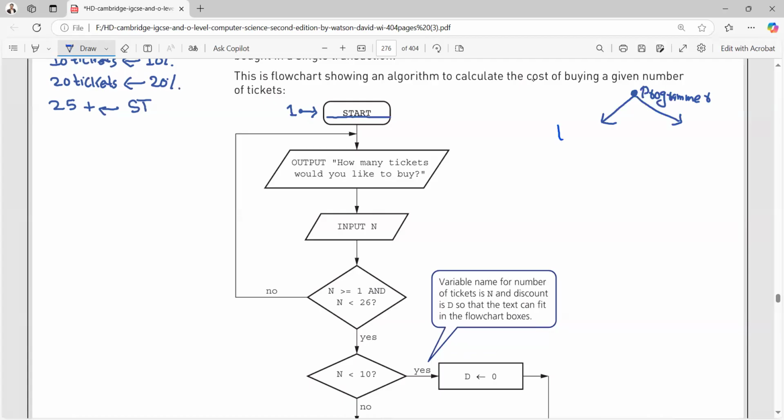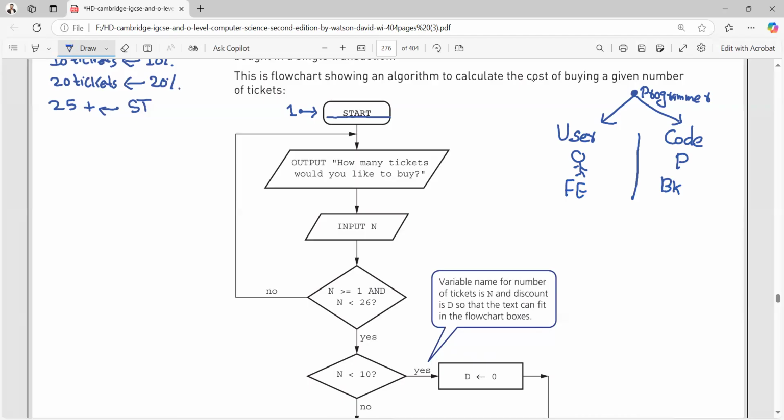One is my user, and one is my code. The user is the version that they will see on their computer screen, but the code is only visible to the programmer, right? So the coding is also known as your backend, and the user side is also known as your front end.